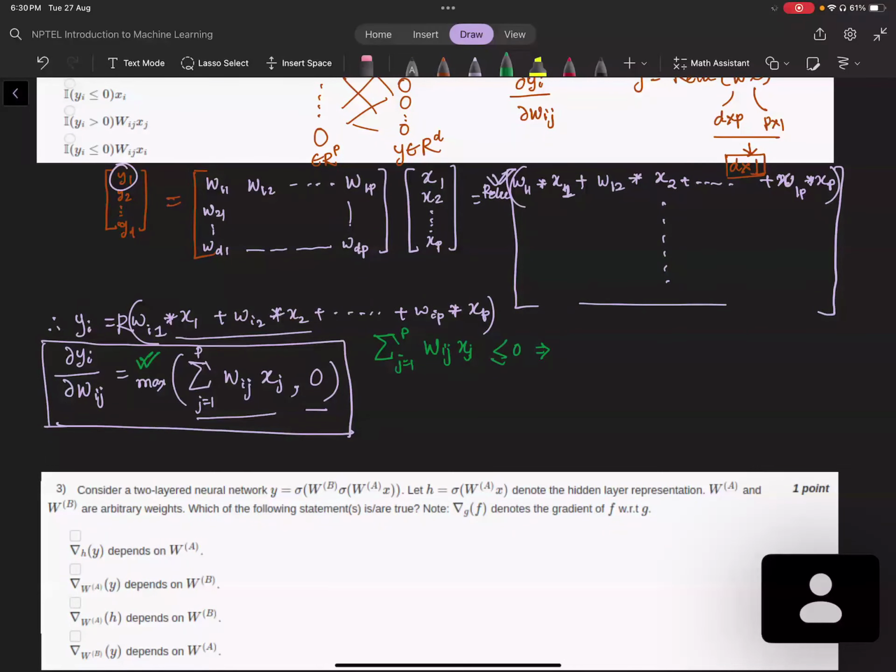That means if you plot ReLU, it will be like this.